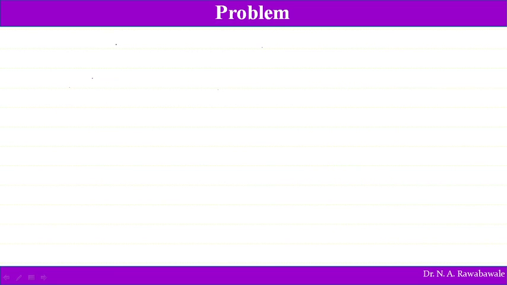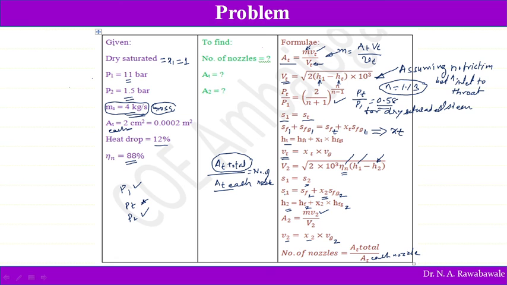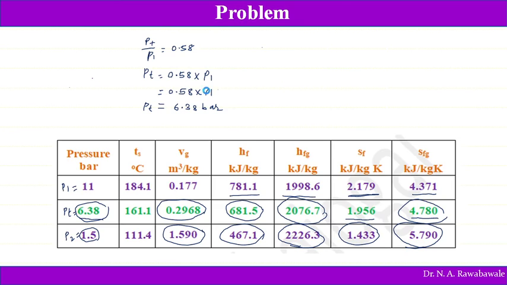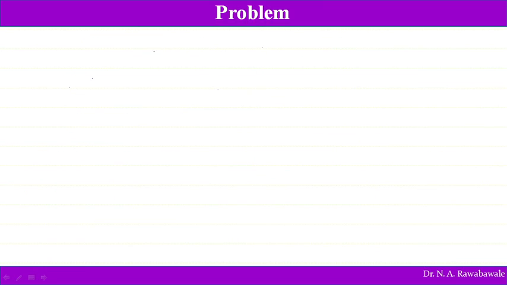What he is asking us to find out is the number of nozzles, area at throat and area at exit. N, the number of nozzles, we write as 12.44 and then we approximate it as 13.